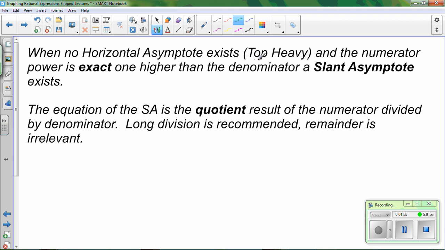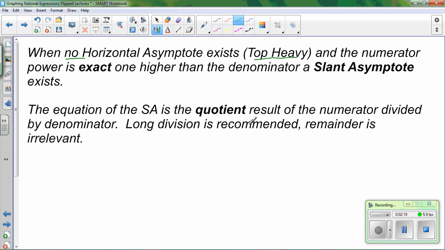If it was top heavy, there was no horizontal asymptote. In the case of there being no horizontal asymptote, there may or may not be a slant asymptote. You will never have a horizontal asymptote and a slant asymptote. It's one or the other, sometimes neither, but never both.